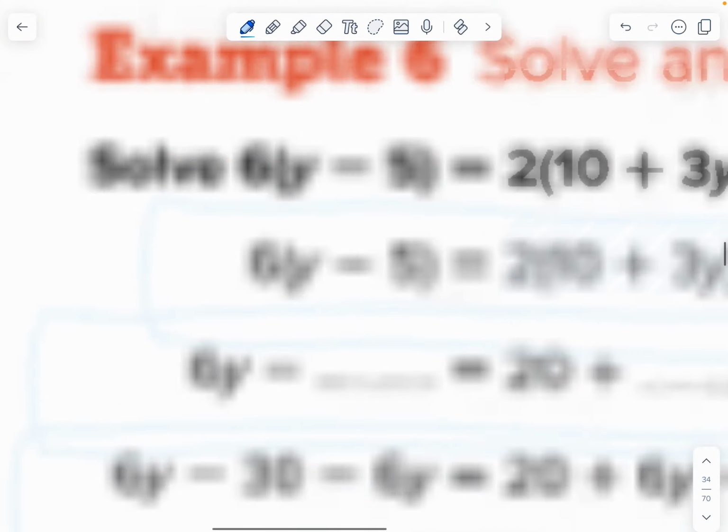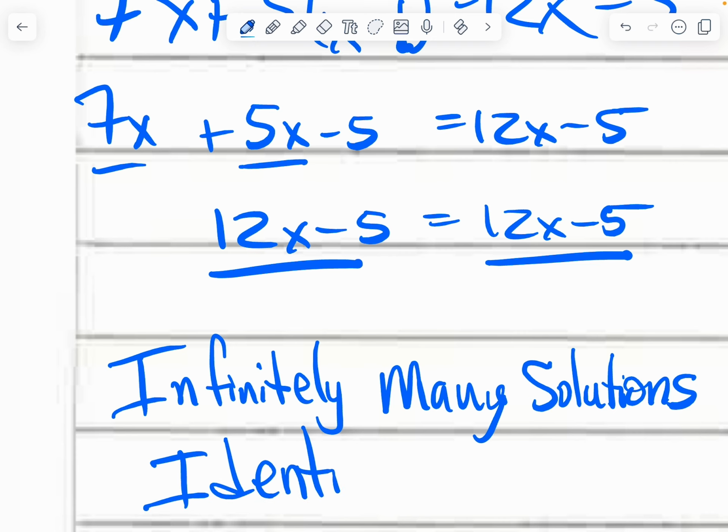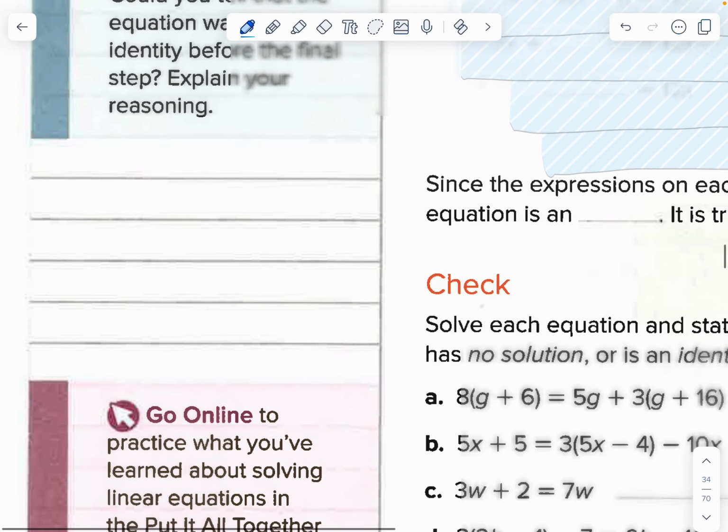So what it's talking about, identity means they're exactly the same. This is the reflexive property. They are exactly the same. So this is identity. Okay, next, I think there's one more problem.